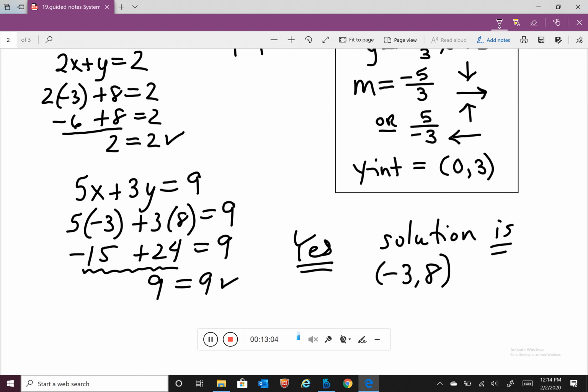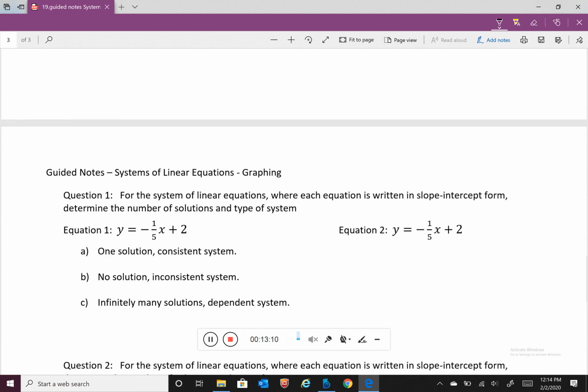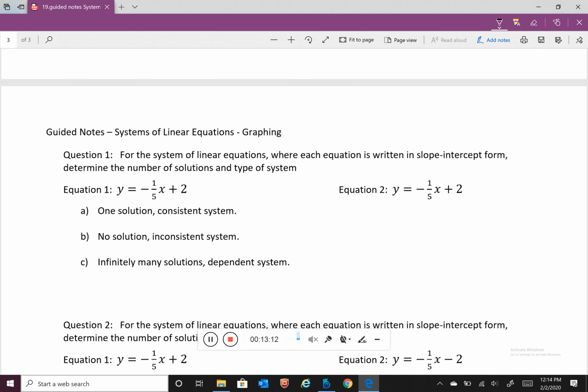And for your homework, you have 3 questions here. For the system of linear equations, where each equation is written in slope-intercept form, determine the number of solutions and type of system.